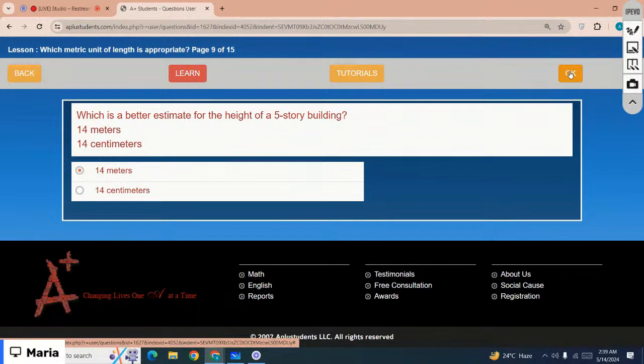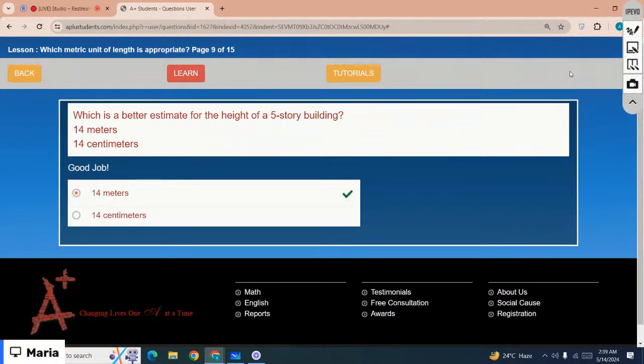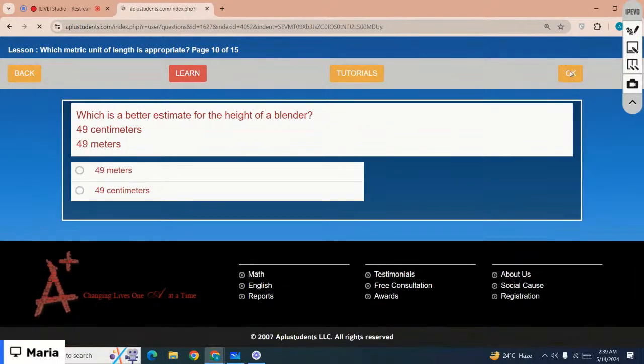The next one: which is a better estimate for the height of a blender? A blender might be 49 centimeters. The correct option is 49 centimeters.